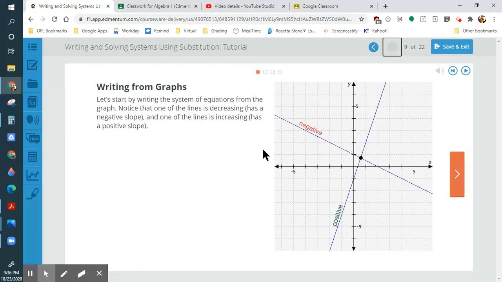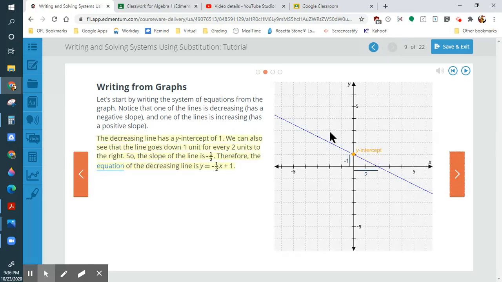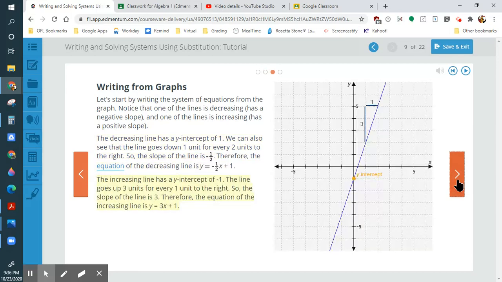So let's look at this. We're going to do a negative and a positive. So we're just slowly figuring out the slope. We're finding out the rate of change and the y-intercept. So here's the y-intercept here at 1, and our slope is -1/2. And then this one, we figure out the y-intercept is -1, and we're going to go up 3/1. So rise over run.